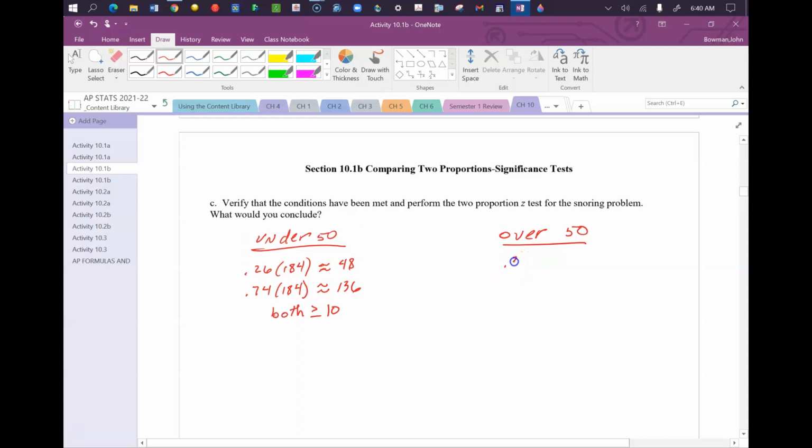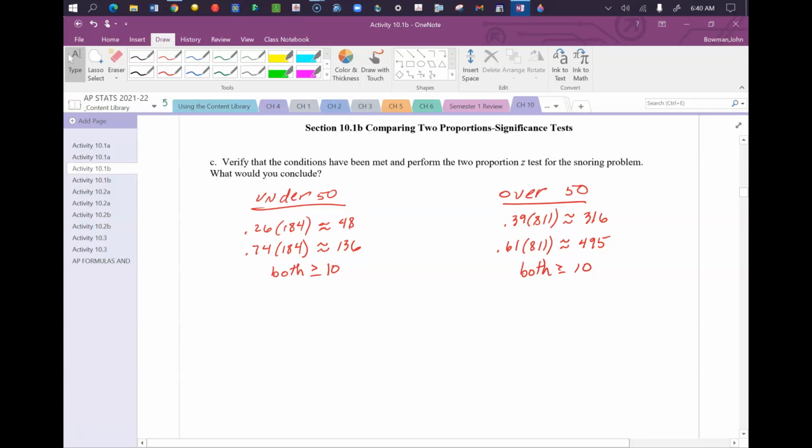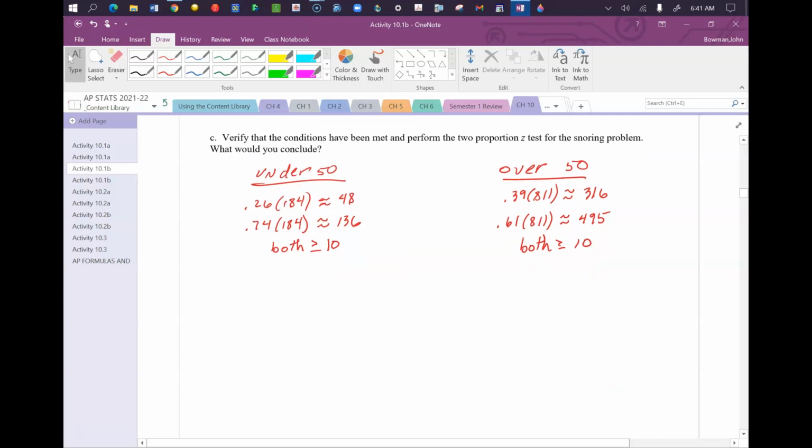For the over 50 age group, 0.39 times 811 is approximately 316, and the complement of that, 0.61 times 811, is approximately equal to 495. Again, both of those are greater than 10, which tells us that when we combine the two sample proportions, we create a new sampling distribution, which is also approximately normal.